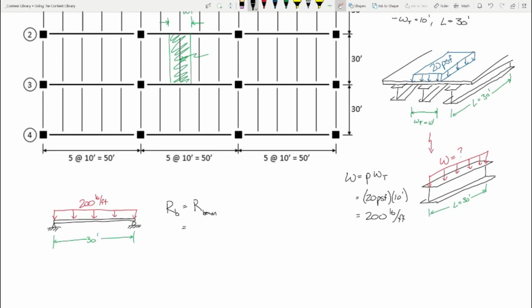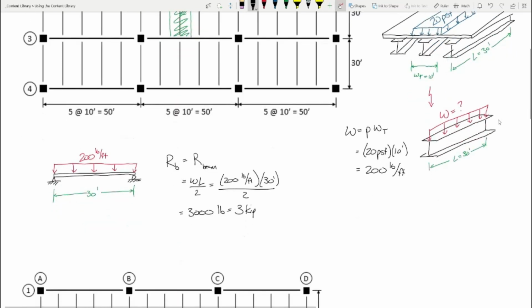And as we identified, that's WL over 2. So 200 over 2 is 100 times 30 is 3,000. 3,000 what? Pounds, right? Or 3 kips.